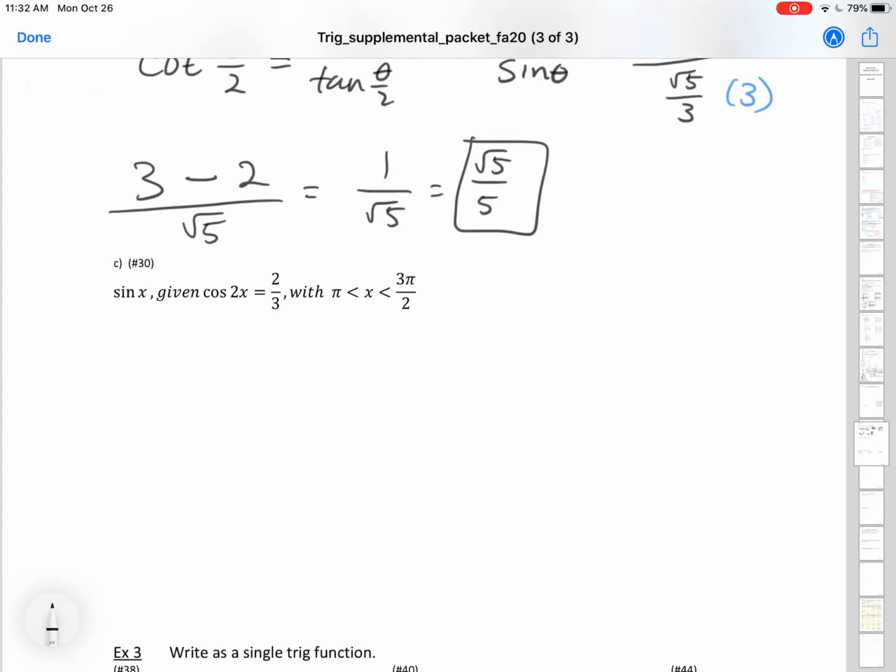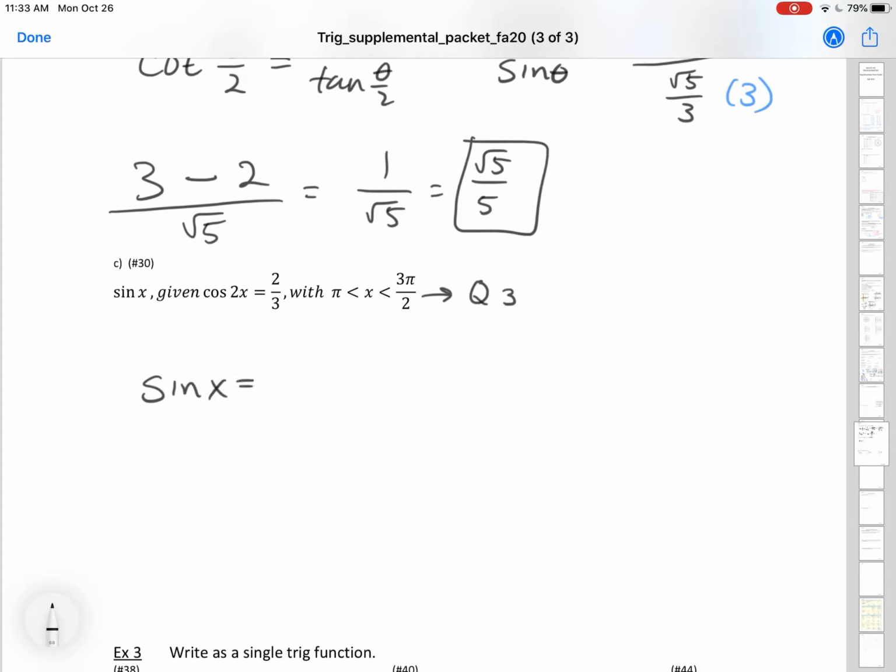Okay, so we're asked to find sine x now, given cosine of 2x is 2/3. And x is in quadrant 3, right? So we definitely know x is in quadrant 3. And so sine x.